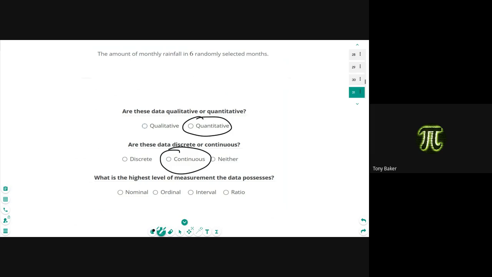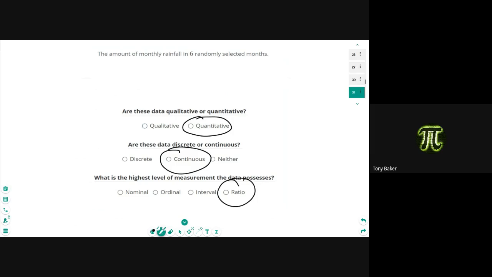Because if you say Norwich got 20 inches of snow and Groton got 6 inches of snow, the ratio means something. In this case, the monthly rainfall, I could say June was twice as wet as April, or vice versa.